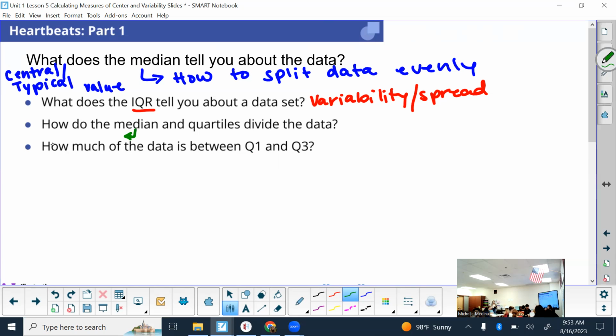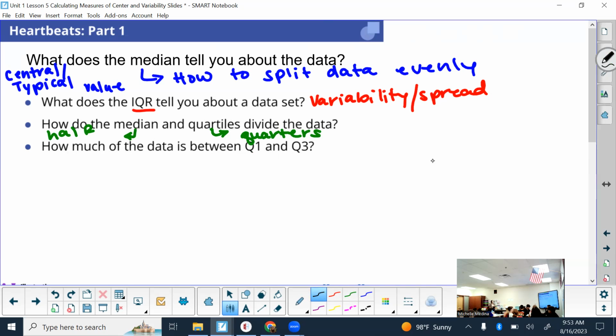So if it's my middle number, it splits my data in half. Good. So half, like 50%. I'll put half for this part. That's median specifically. What do quartiles? Technically all the quartiles, Q1, Q2, Q3, they split my data into quarters. So like 25% increments.